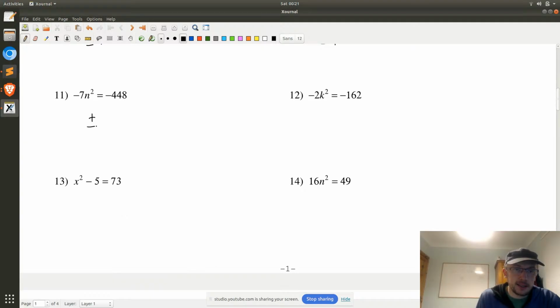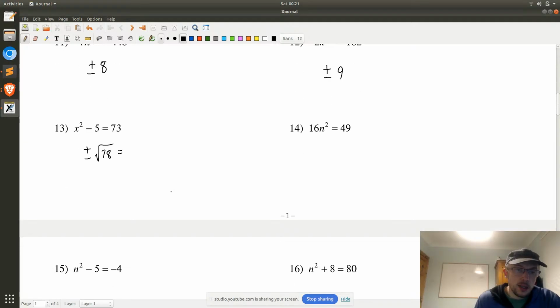Plus or minus 8. And 9. And root 78, which is, don't you know? No, I don't know. I can't do that any further. All right, plus or minus.